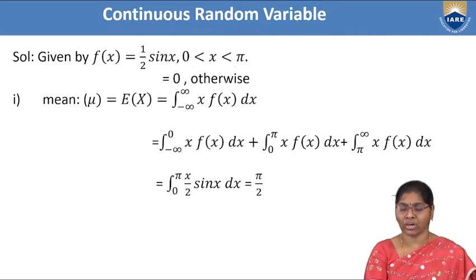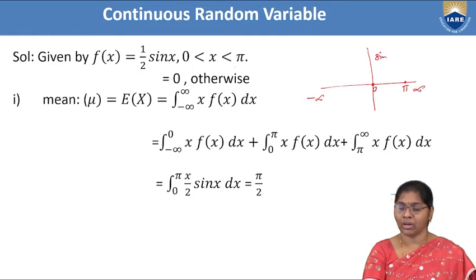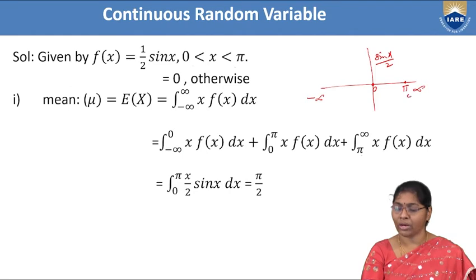Why? Because the function is like this. If the integral is from minus infinity to infinity, here they are asking 0 to pi. From 0 to pi the function is sin x by 2, the remaining all are zeros. That means pi to infinity is 0 and minus infinity to 0 is also 0.